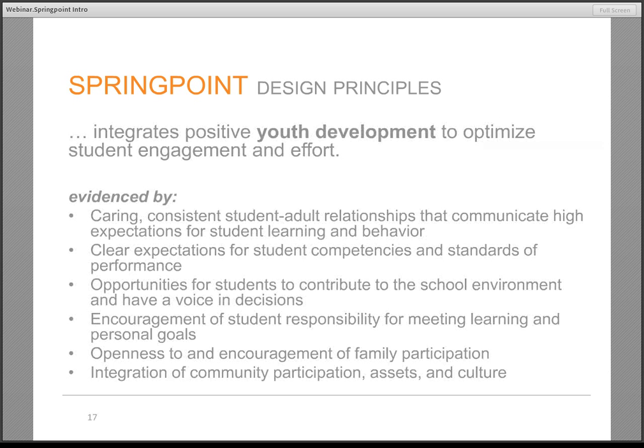The next principle says that a high-performing high school integrates positive youth development to optimize student engagement and effort. So we're really looking to create a school design that encourages and asks all the adults in young people's lives to look to meet their needs and build their competencies in learning environments.